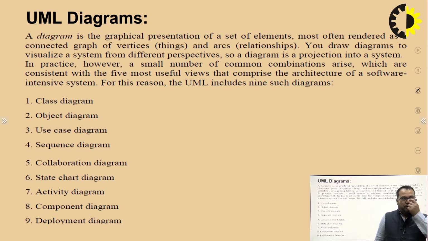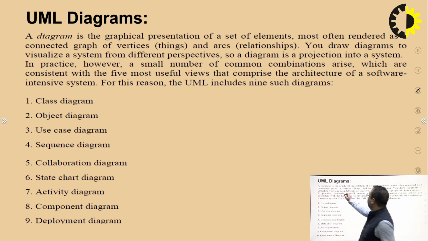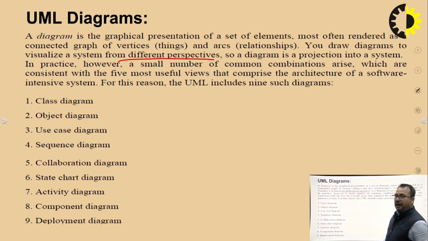So a UML diagram is the graphical representation of a set of elements, most often rendered as a connected graph of vertices and arcs. You draw diagrams to visualize a system from different perspectives so that you could do analysis, and by analysis we take decisions.